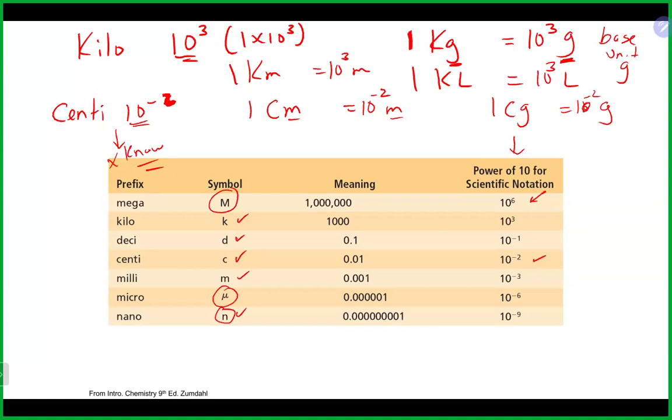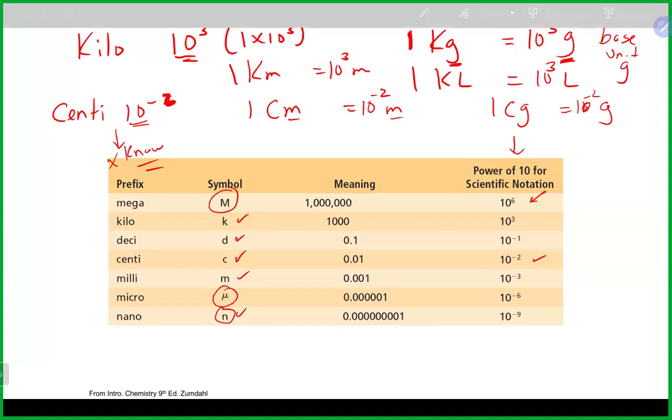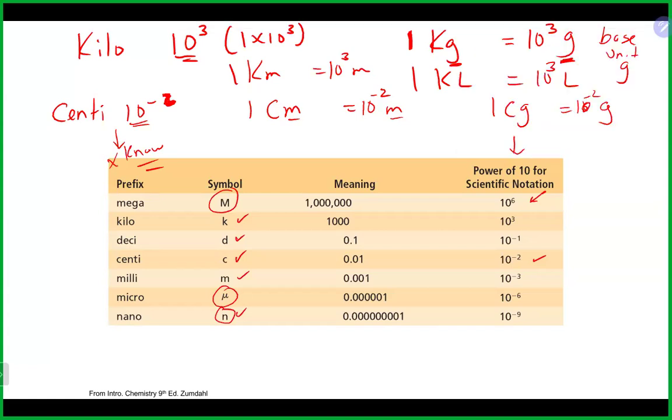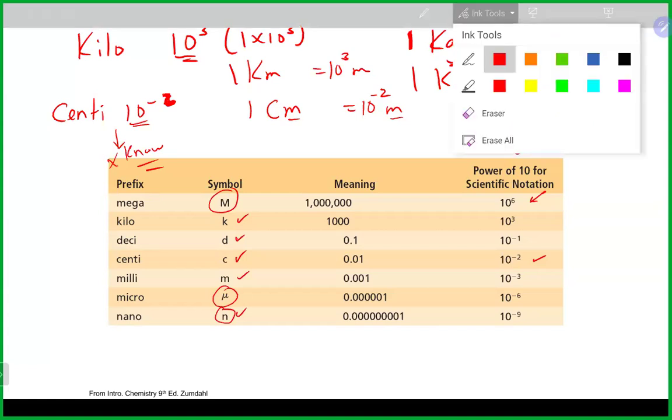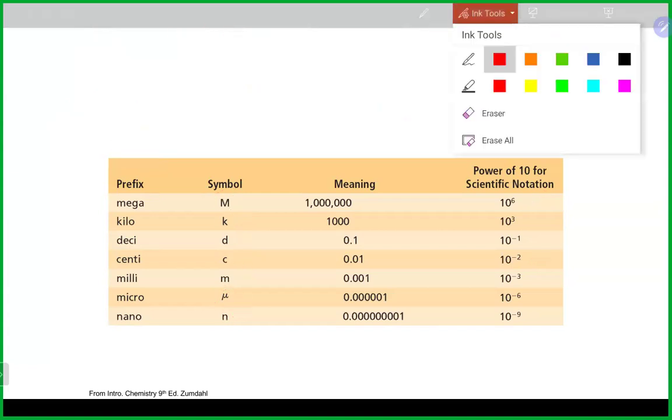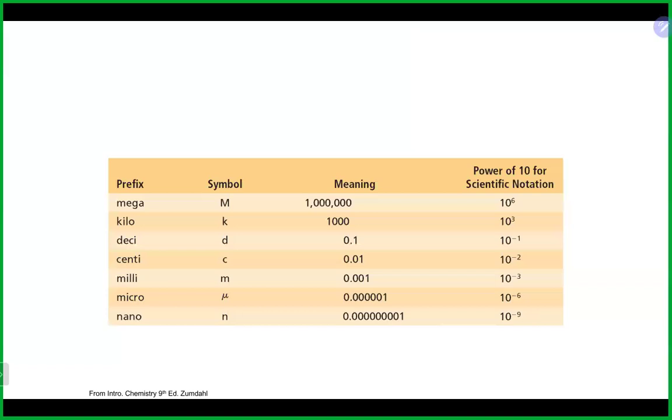So as I mentioned before, just to touch upon this here as a little sampling of where we're going. If we have something like this, 1 kilogram is 10 to the 3 grams.